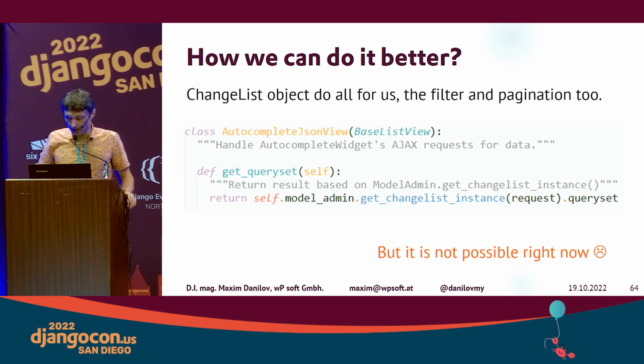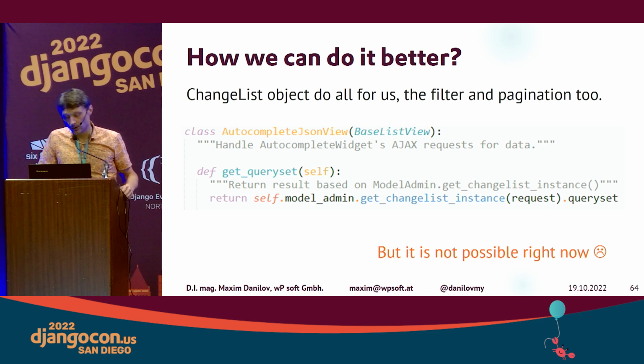If we create getChangeList instance and ask for the QuerySet, the QuerySet is made the same, but also getChangeList automatically works with the query string, and getChangeList instance makes filters for my objects automatically.